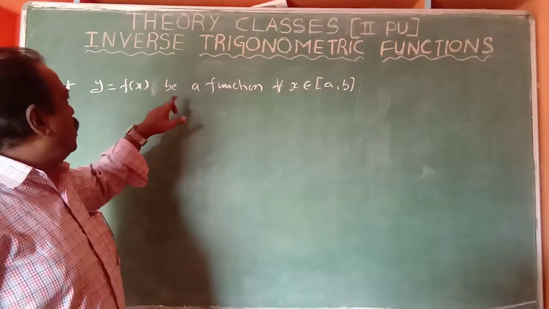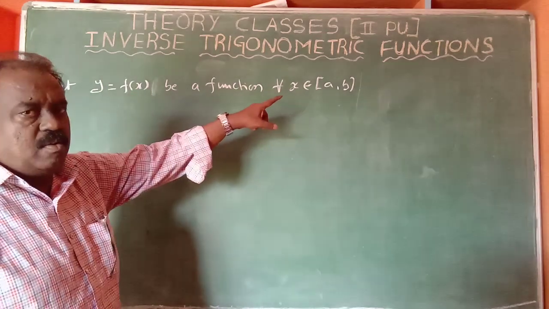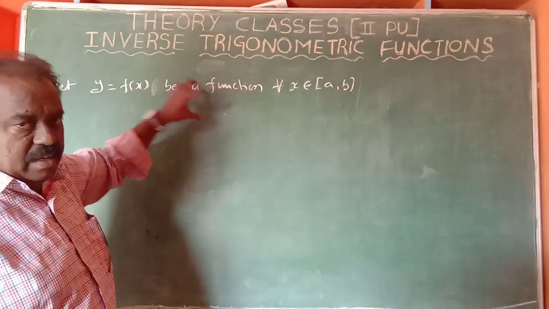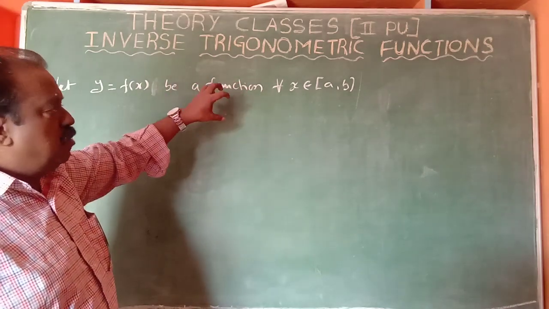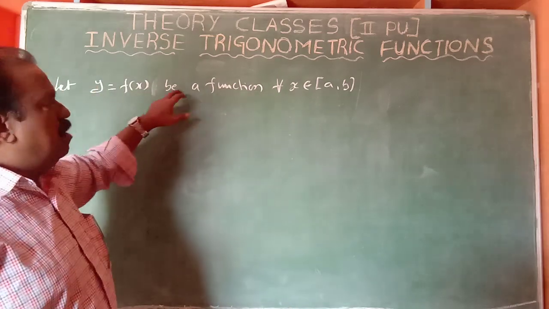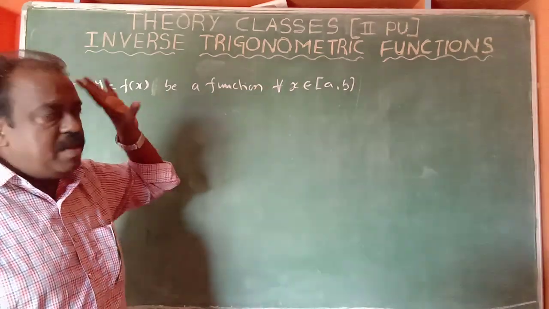Means the domain of this function is [a, b]. Already we know it in the functions, or otherwise we will discuss it also. Just here, y is equal to f of x be a function where x belongs to [a, b].